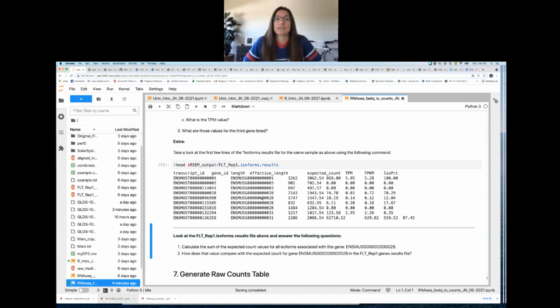And again, this is for the same sample that we just looked at the GeneStat file. So I want you guys to see how this is set up. So as you notice, you'll see some columns that look pretty similar, just kind of in different orders. And so how this is broken down here is this first column now is your transcript ID.